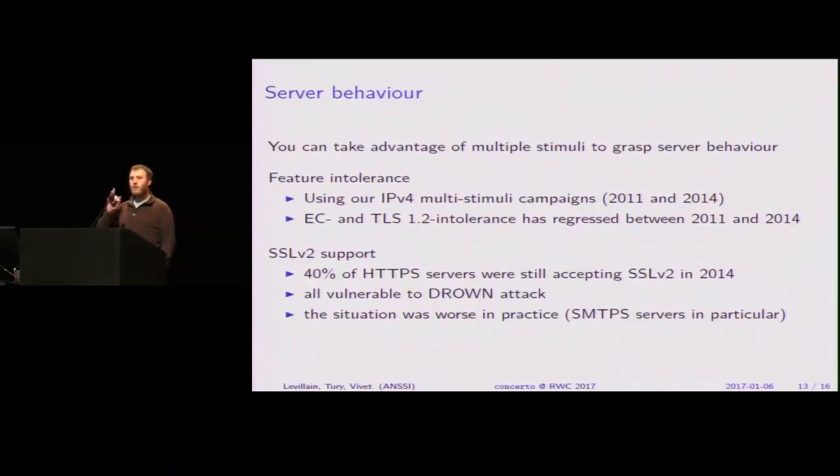That is, we probed the same server with different stimuli, which allows us to grasp something about the server behavior, which allows us to look at the intolerance on the full IPv4 space, and also afterwards to look at the SSL-v2 support, which led us to compute a lower bound concerning the DROWN vulnerability, because 40% of all HTTPS servers in our campaign from 2014 would answer with the same certificate to an SSL-v2 client hello.